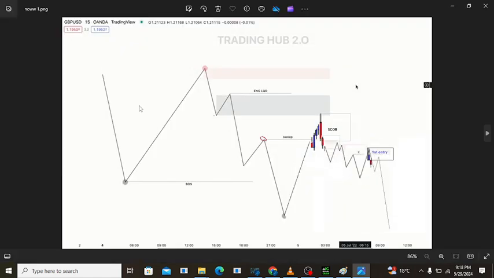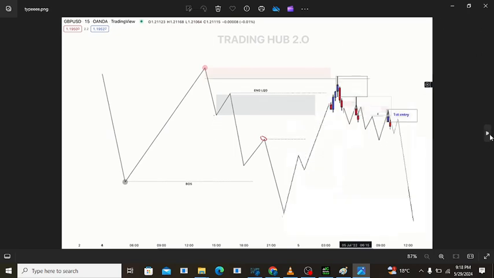See, this is for sale, but if we flip it, you see, need more confirmation. Okay, just like this. Break of structure, inducement.